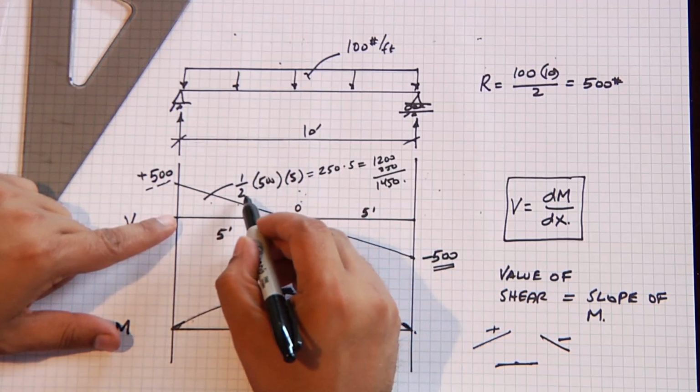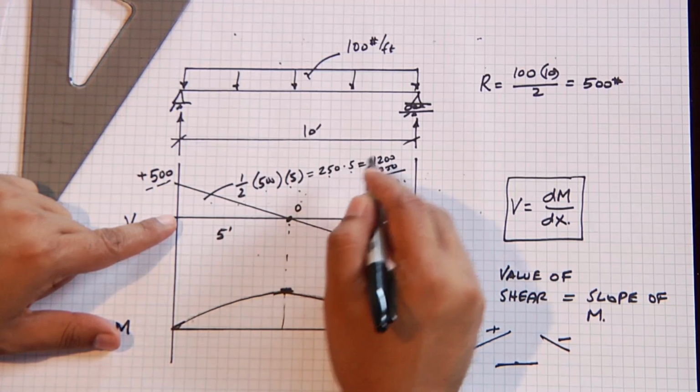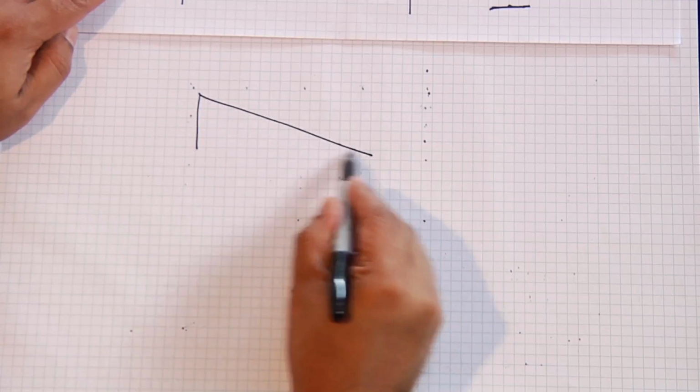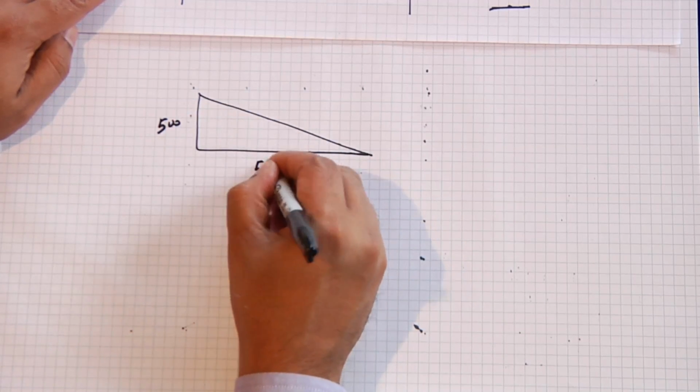Let's calculate the area under this triangle. It's 1/2 of 500 times 5, which is 5 times 250, which is 1250. And let's understand that. Very simple calculation. It's a triangle. This is 500. This is 5 feet.